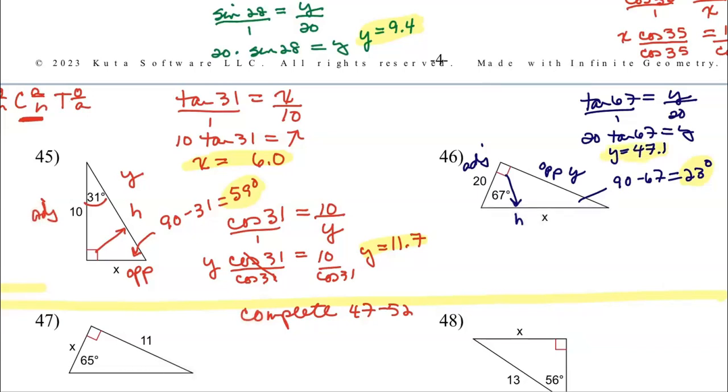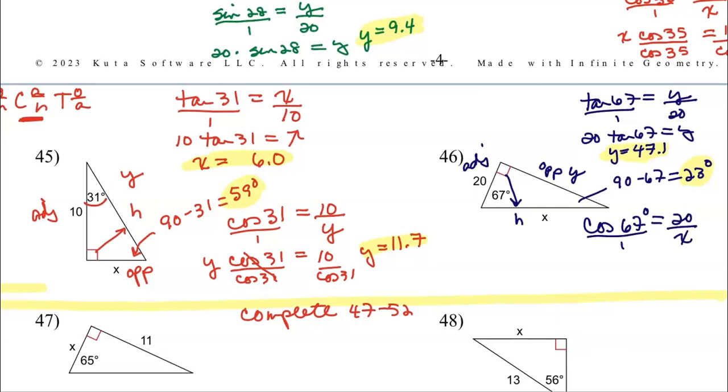Okay, so the other value I'm missing is the hypotenuse. I have the adjacent. Adjacent over hypotenuse is cosine. So the cosine of 67 degrees equals adjacent, which is the 20, over the x, which is the hypotenuse.